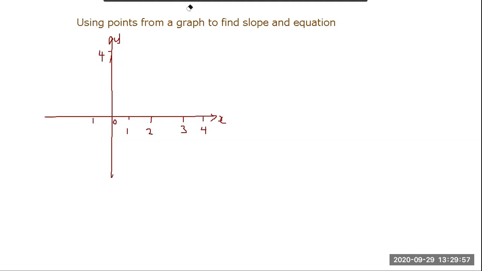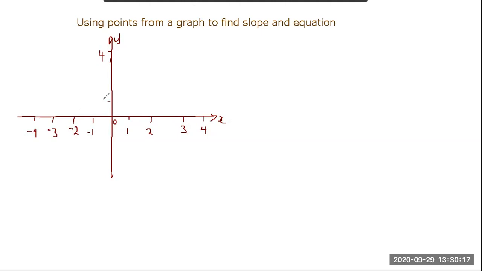Let's do this better. -1, -2. Highly advise drawing this while I'm doing it as well. It will help you. -4. And then let's do it here too.